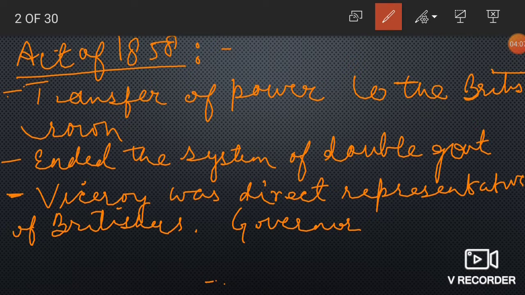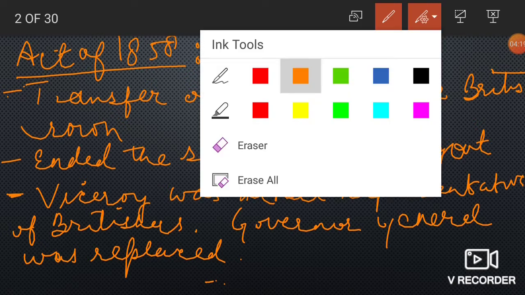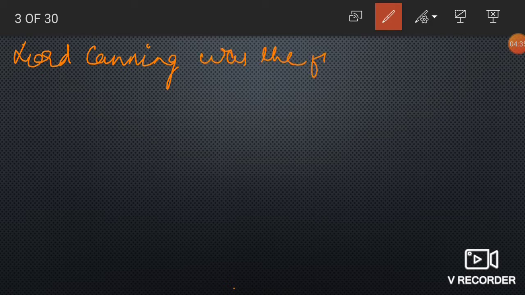The Governor General was replaced. That means Lord Canning, who was the Governor General at the time of 1857, was the first Viceroy of India.